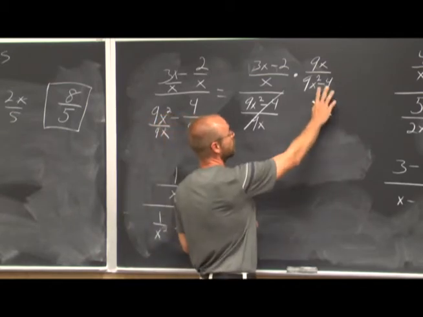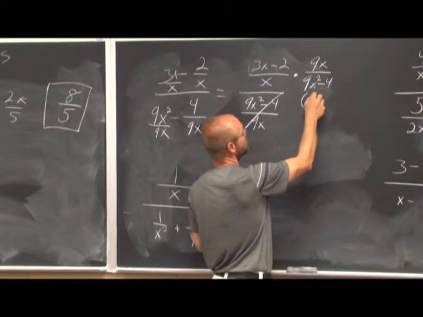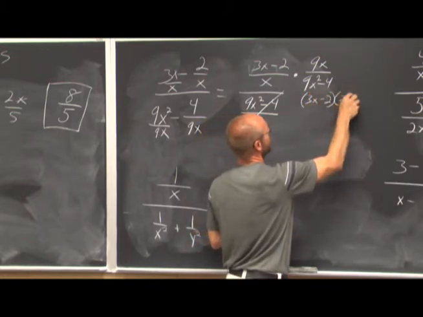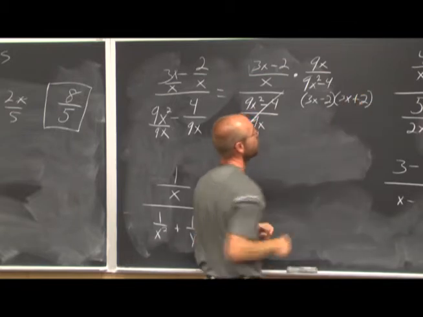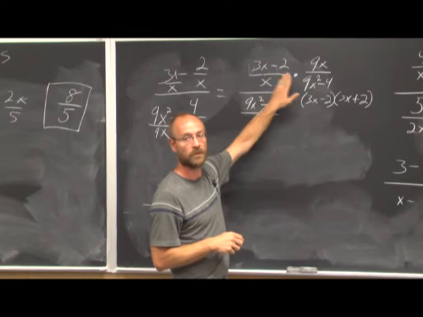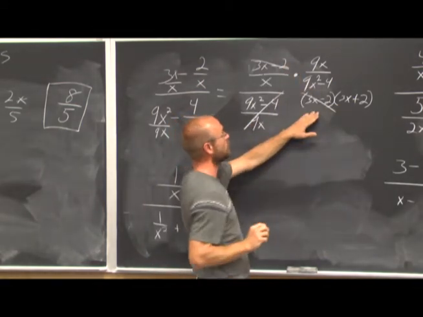Well, this factor is, hopefully we recognize it as the difference of squares. So it's going to factor to 3x minus 2 and 3x plus 2. And we can see, hey, we have a common factor, 3x minus 2, 3x minus 2. We can reduce that common factor to 1.